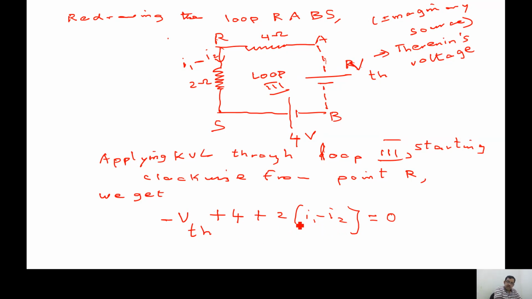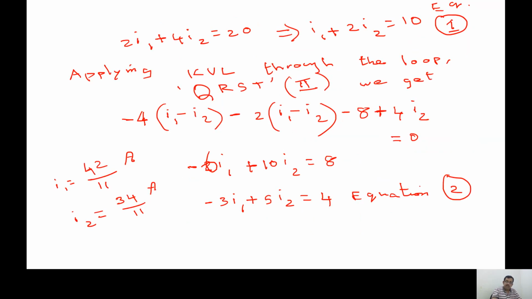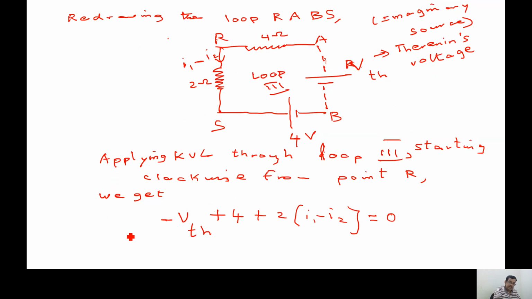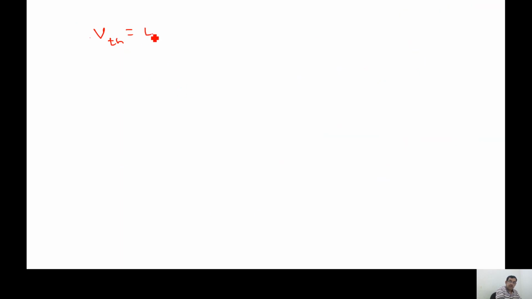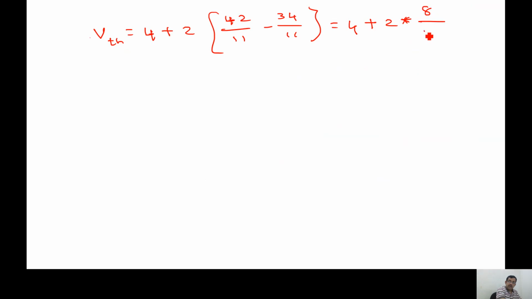So I1 and I2 are known. I1 is actually 42 by 11 ampere, I2 is 34 by 11 ampere, which means I get VTH. Taking VTH to the other side, there is plus 4 plus 2 times 42 by 11 minus 34 by 11, that equals 4 plus 2 into 8 divided by 11.